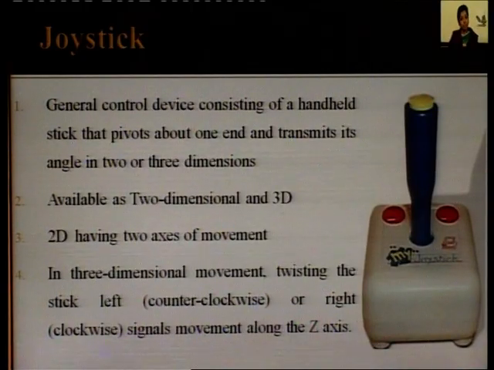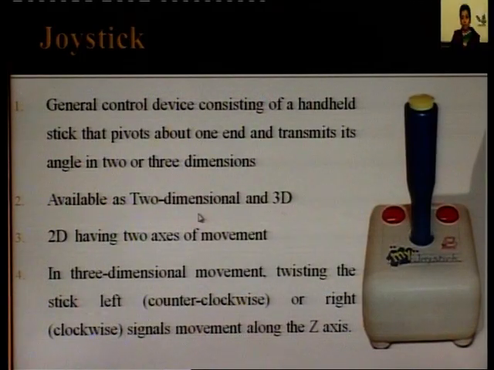A joystick is generally a control device consisting of a handheld stick that pivots about one end and transmits its angle in 2 or 3 dimensions. That means we are just setting its angles, moving its angles only.